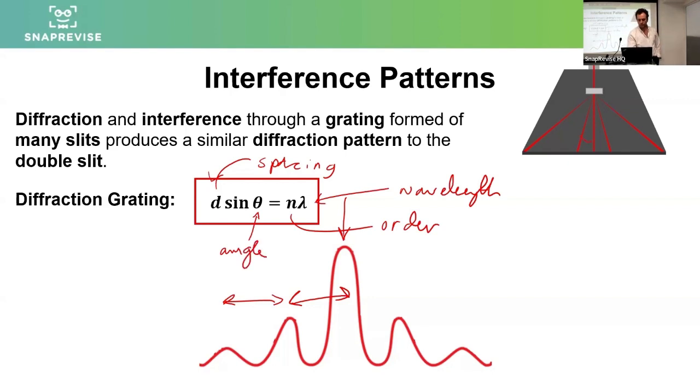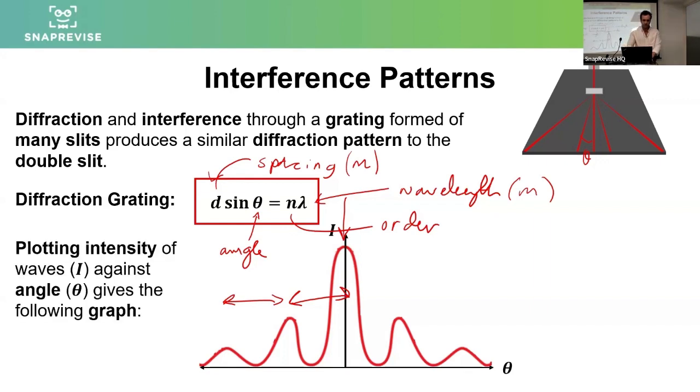So it's this angle here, the angle at which you'll find that maximum. So this is the spacing in terms of meters. Wavelengths in meters or nanometers, whatever. So that is the space between each of our slits on our grating.